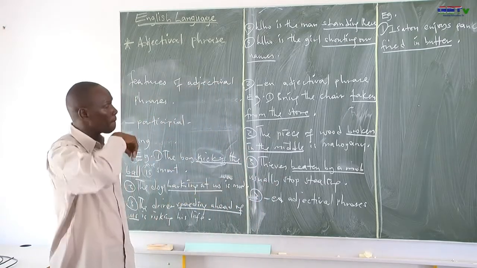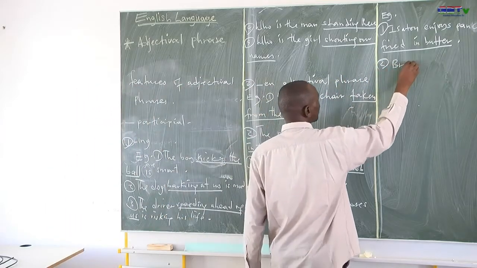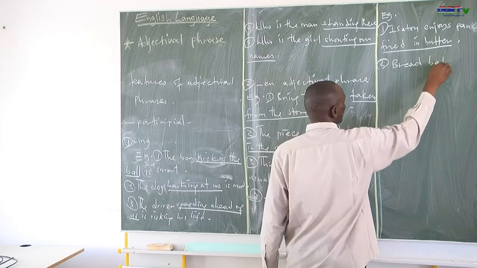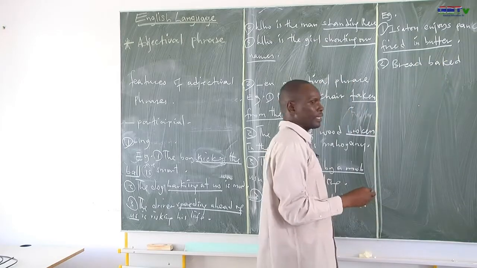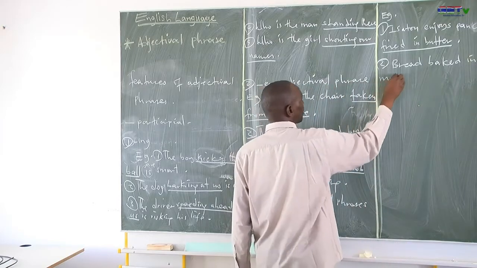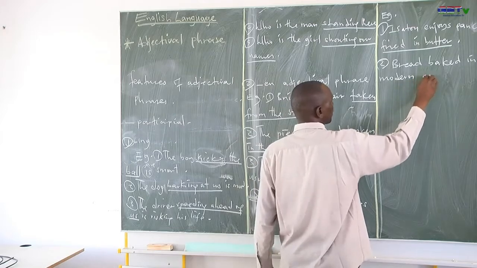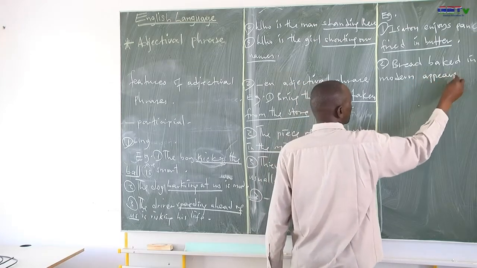Now we move on to example 2. If we say bread baked in a modern oven appears hygienic.